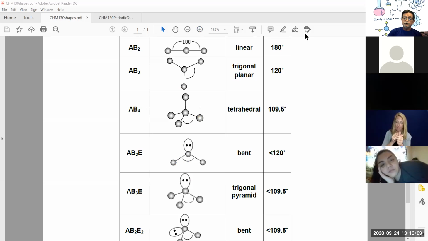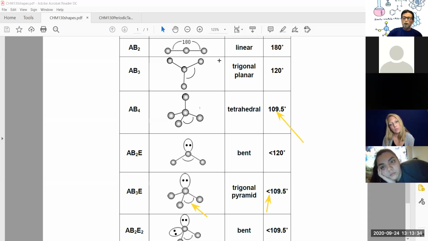Because they take up a lot of space, as I mentioned with the AB2E scenario, okay, that bond angle between the B's is much less than 109.5, which is the standard bond angle in the tetrahedral configuration.